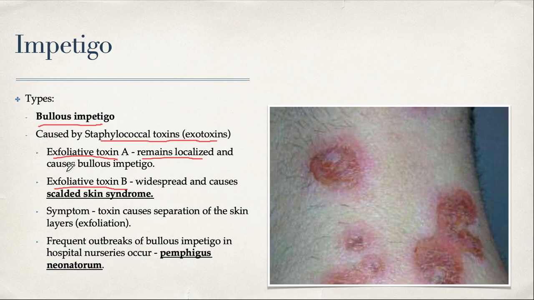And then the ones that are caused by the exfoliative toxin B are more widespread and result in scalding of the skin. So we call it the scalded skin syndrome. So it leaves these scars behind once they heal. So the toxin will cause the separation of the skin layers.